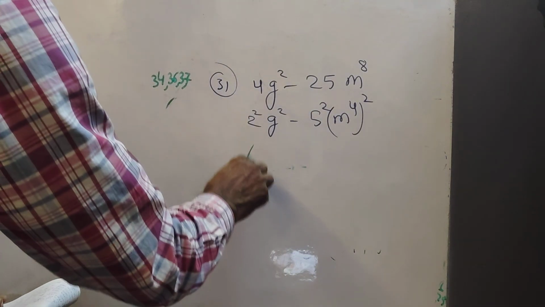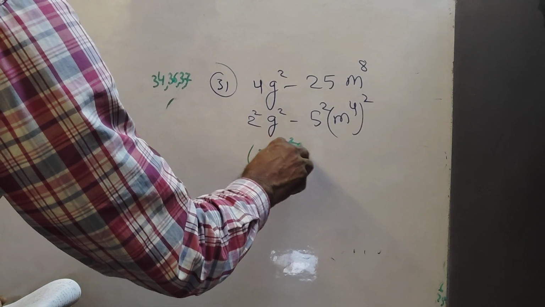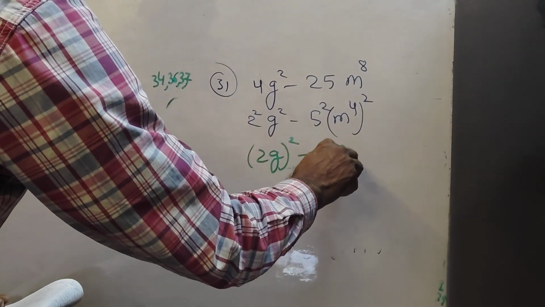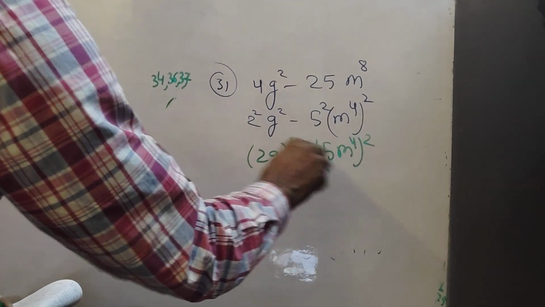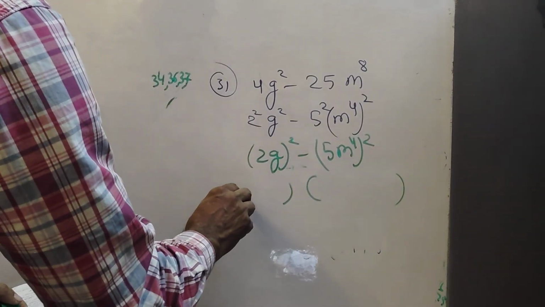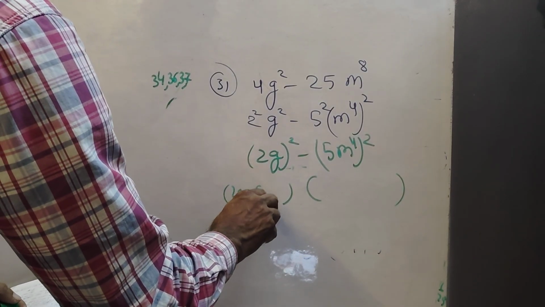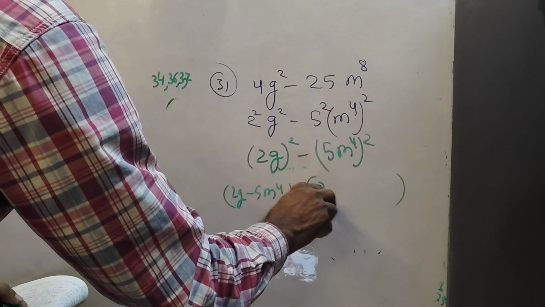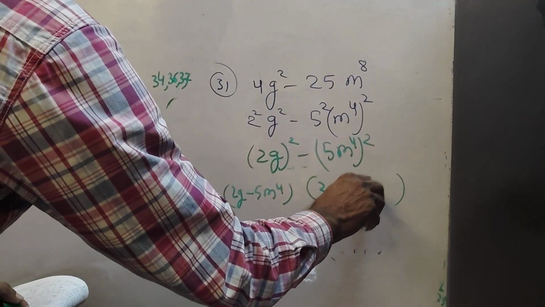Now this is (2g) whole squared and this is (5m raised to the power 4) whole squared. Now a squared minus b squared is (a minus b)(a plus b): (2g minus 5m raised to the power 4)(2g plus 5m raised to the power 4).